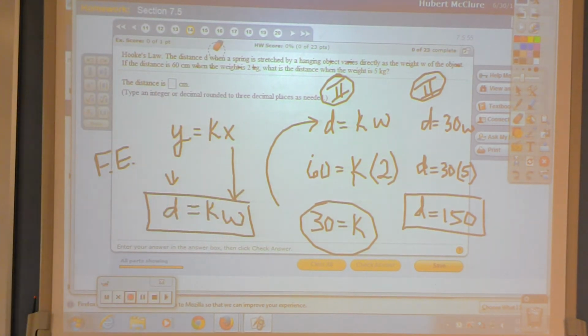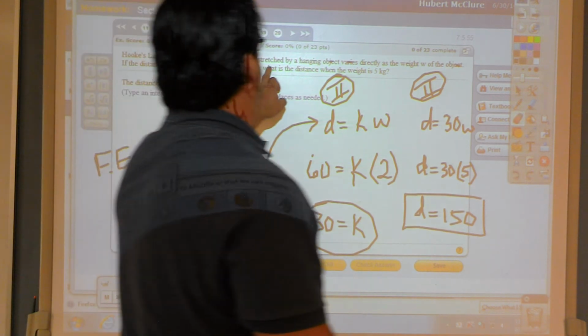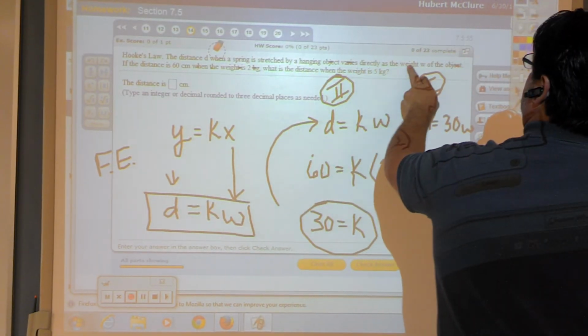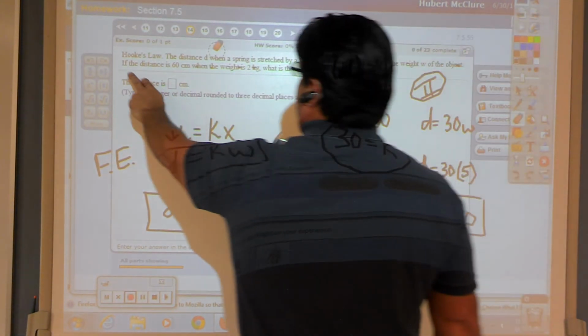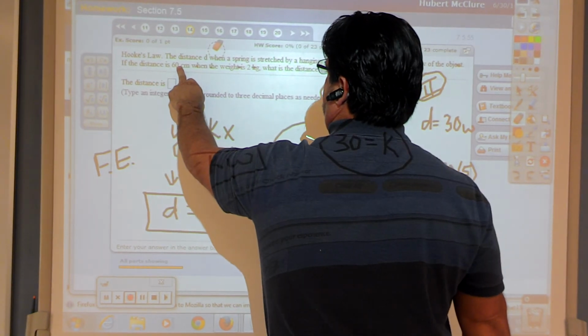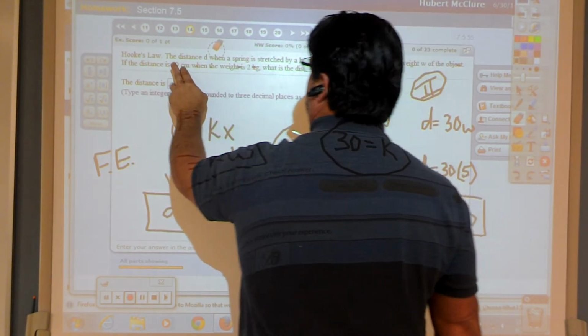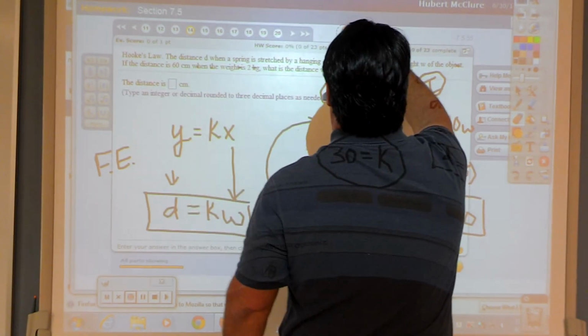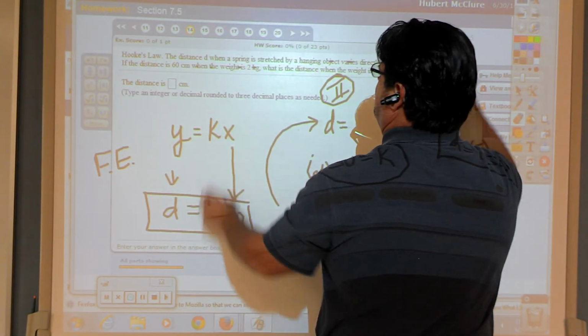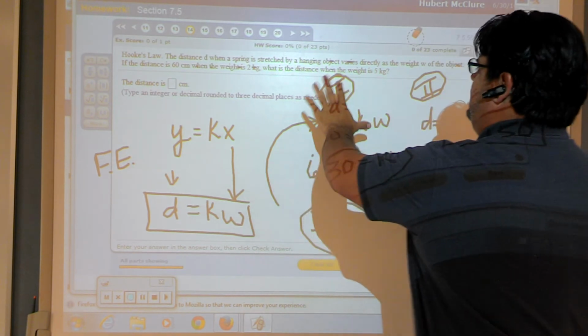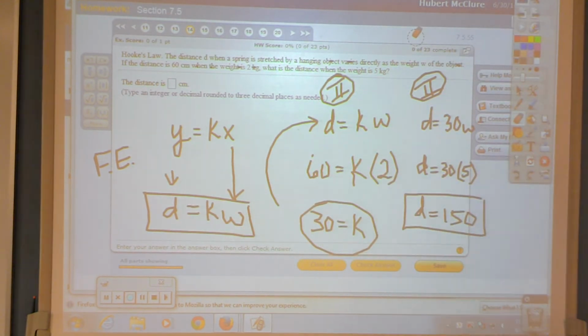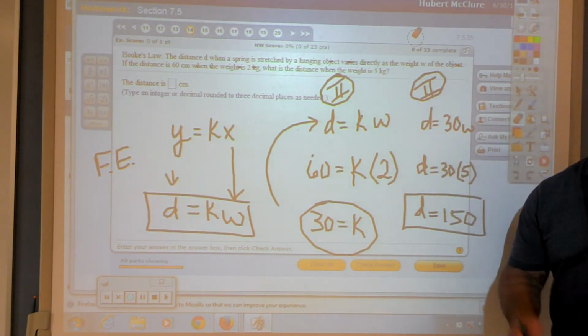It says the distance when a spring is stretched by a hanging object varies directly as the weight of the object. If the distance is 60 centimeters when a weight is 2 kilograms, they're saying that a spring stretches 60 centimeters. So they must be assuming it's setting at 0. In other words, they don't give you the length of the spring.